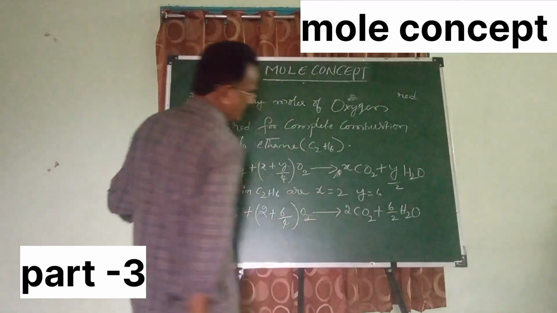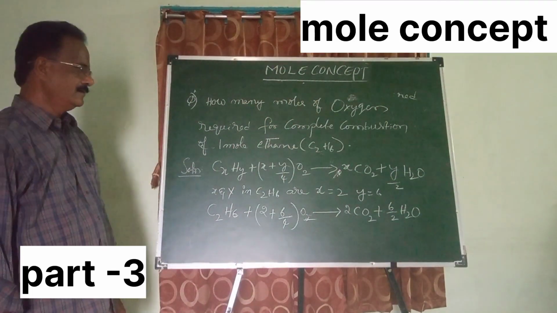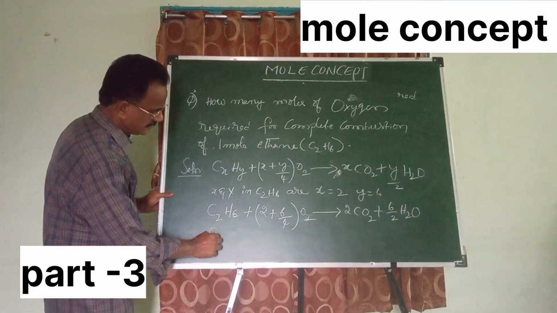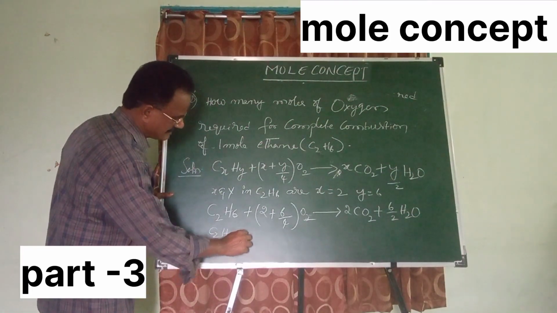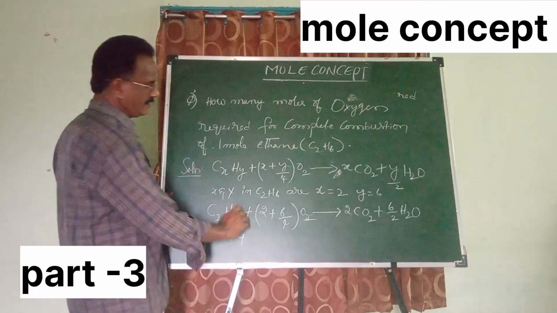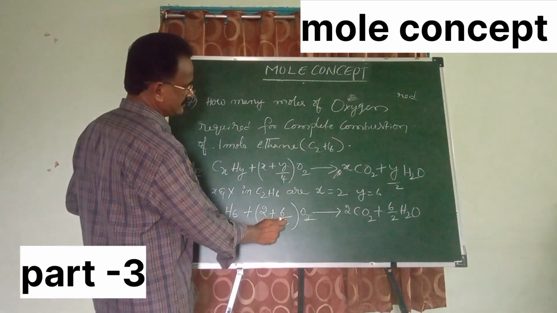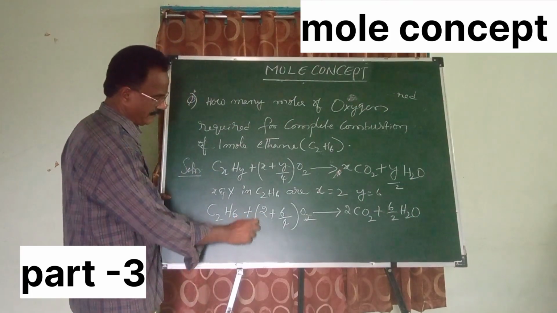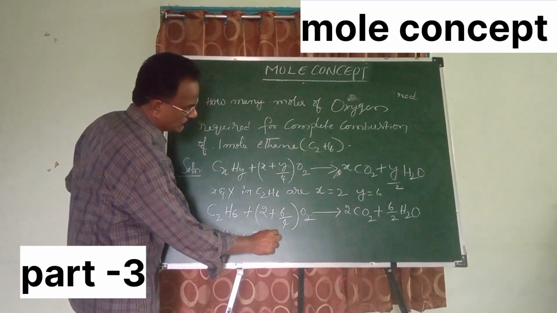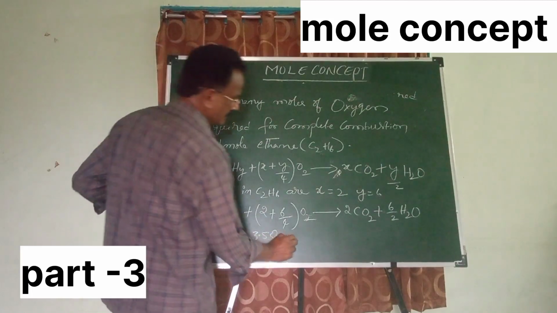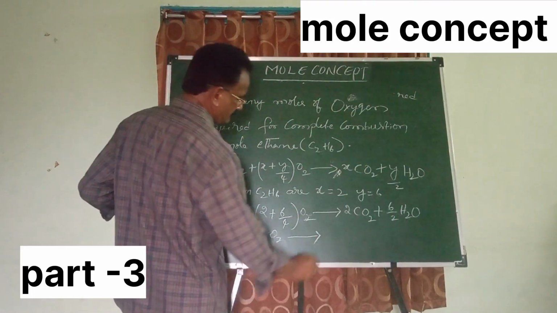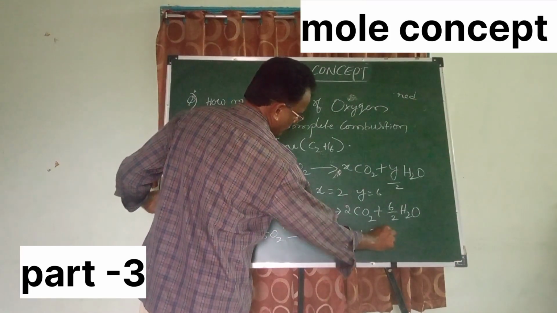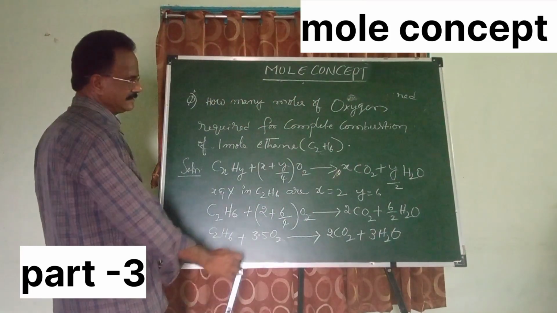Is it clear? Now let us simplify the equation. 6 by 4 is equal to 1.5, and 1.5 plus 2 is equal to 3.5. So C2H6 plus 3.5 O2 gives rise to 2CO2 plus 3H2O. Is it clear?